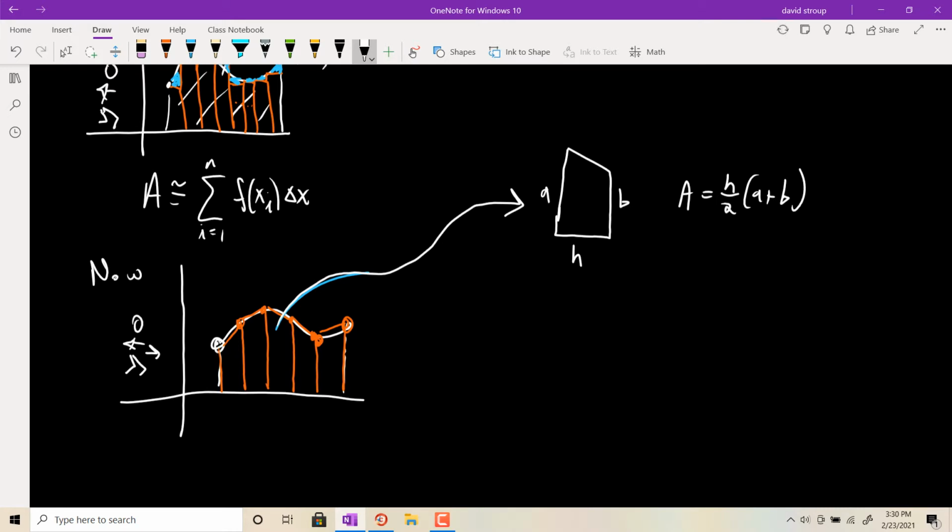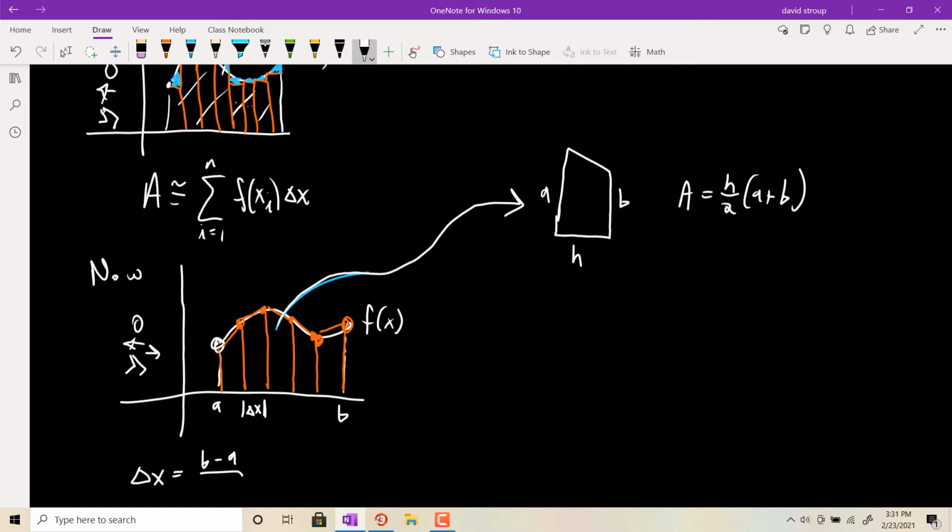Okay, we need to translate all of that into terms of f of x and basically the widths here at the bottom, these change in x's. The change in x: if this is our beginning a and our end is at b, change in x will be b minus a over the number of trapezoids.